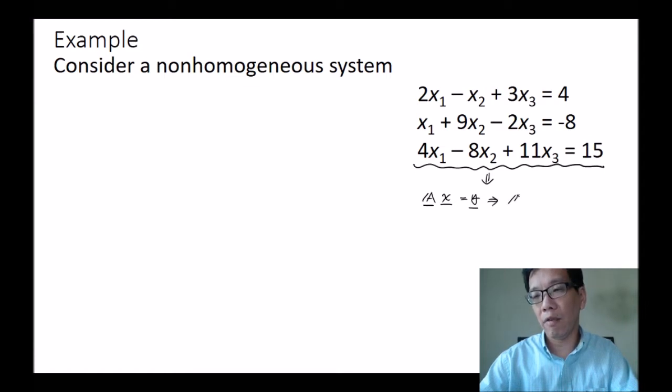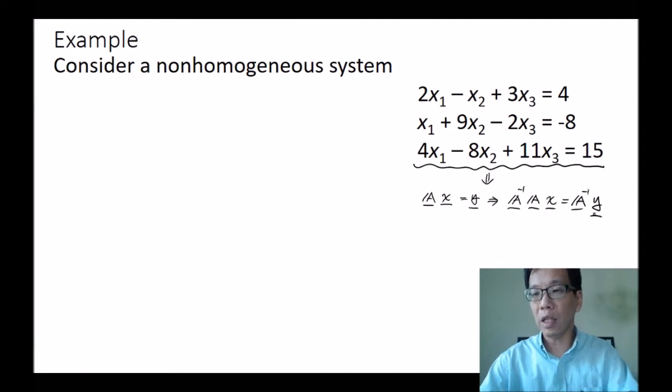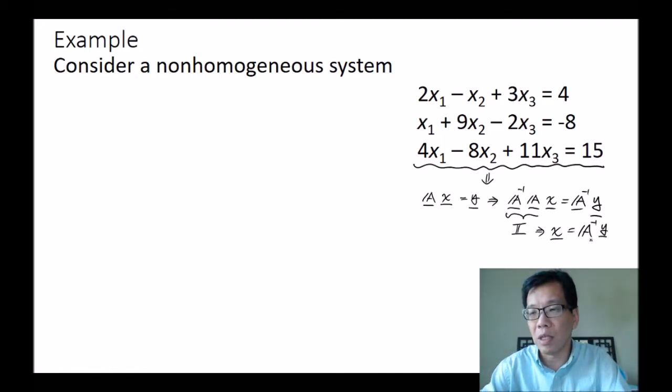So if I multiply the inverse on both sides, then this part becomes identity. So it means that my coefficient can be solved by this specific part, which means this part over here can be used to solve for my answer.